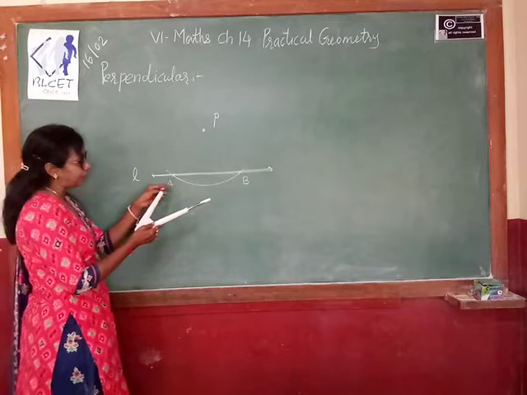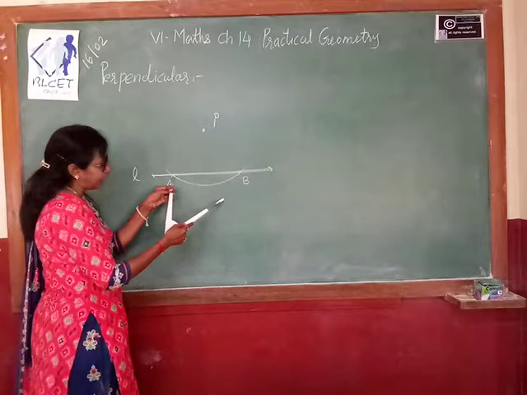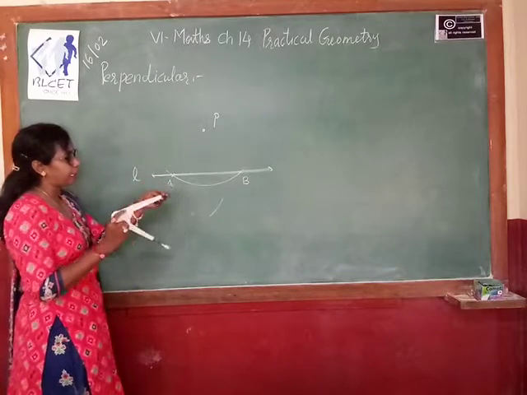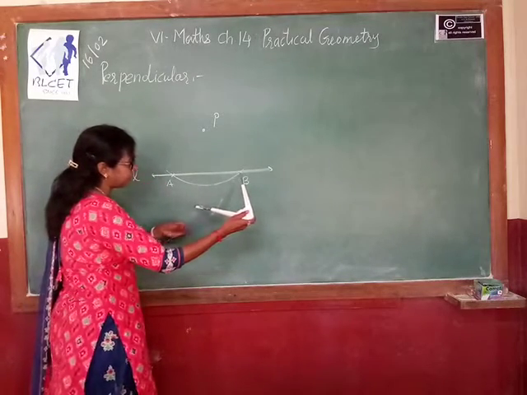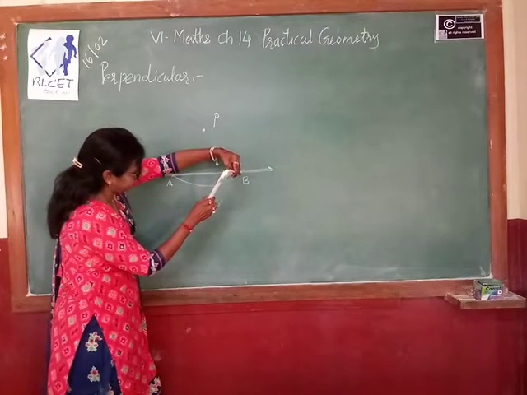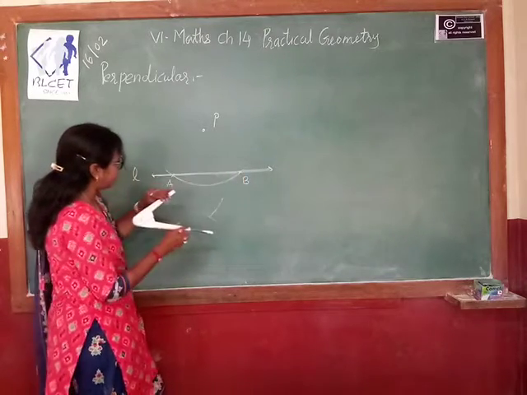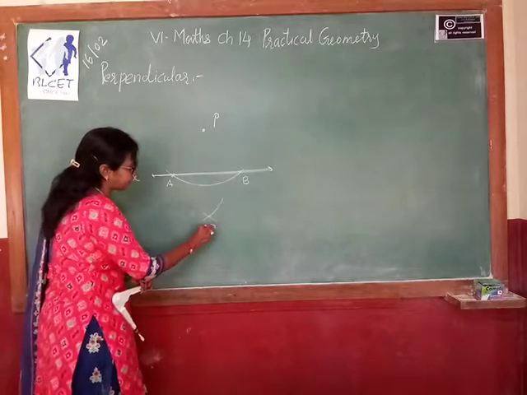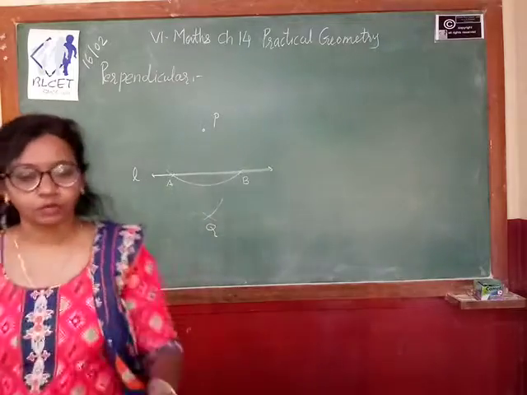Now keep your pointer on A and draw an arc below. Same way keep your pointer on B and draw an arc. So what happened? You are getting one intersecting point, name it Q. Now what we have to do?